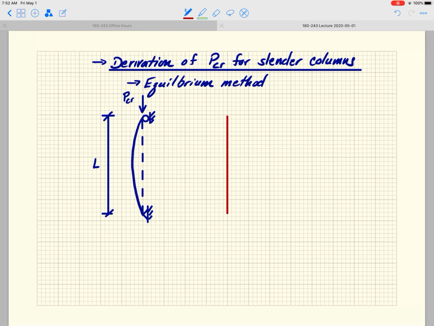I'm going to now define a coordinate system that looks like this. So this is the x direction and this is the y direction. Again, the x direction is going along the column.